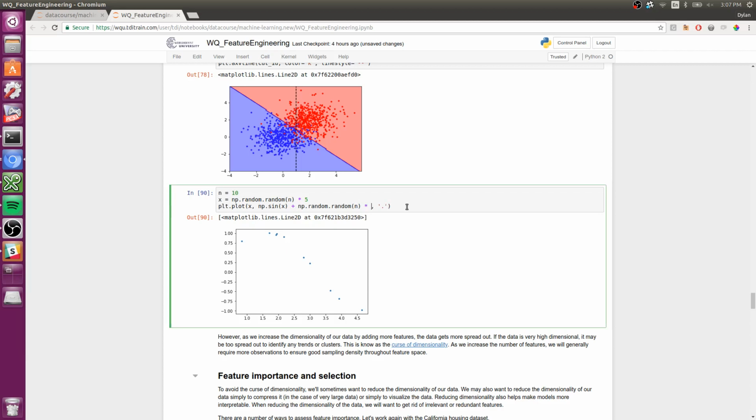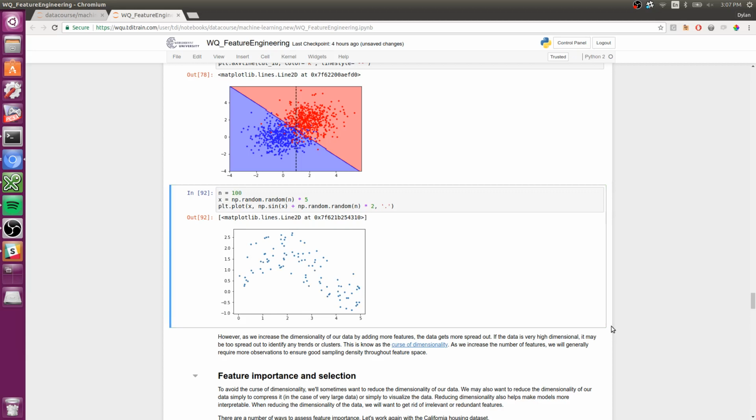And this problem is even worse if my variance is quite high. So by adding new features, I'm adding variance to my data and spreading them out along new directions.